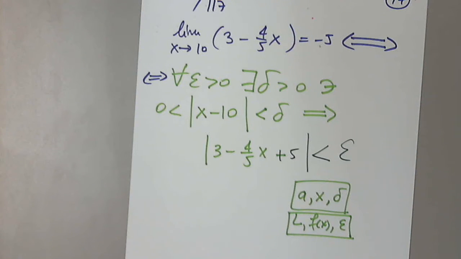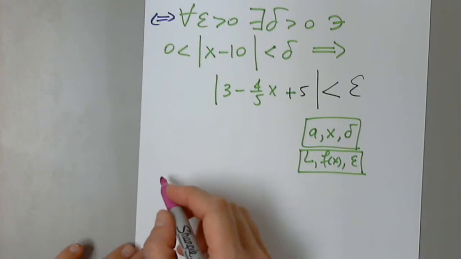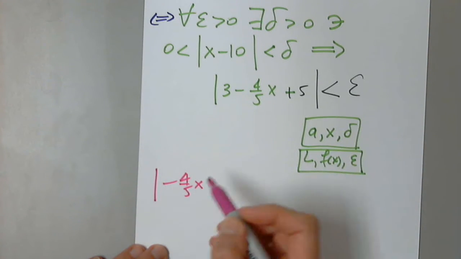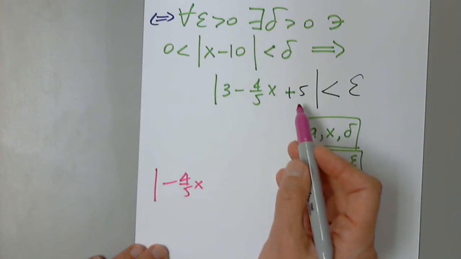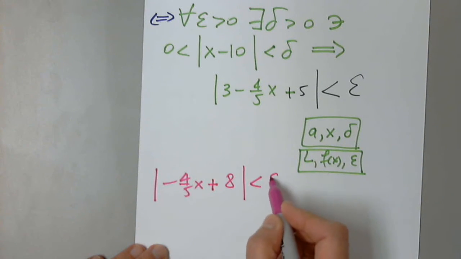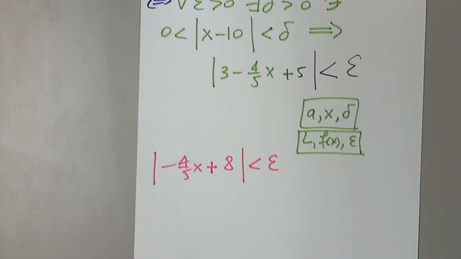Where is our starting point? The end. Right, the end. So let's simplify before we write it. I have negative 4/5 x plus 8 less than epsilon. What would be the next step?